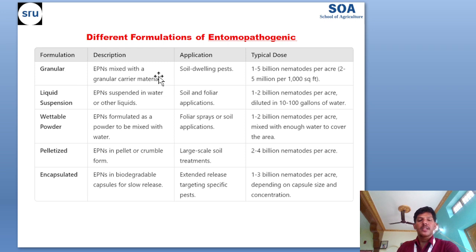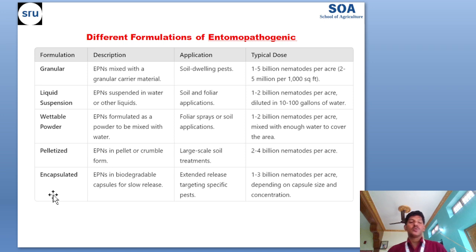Granular form is applied for soil dwelling pests. Liquid suspension is suitable for soil and foliar application. A wettable powder is also suitable for soil and foliar application. Pellet form is also useful for plant and soil application.